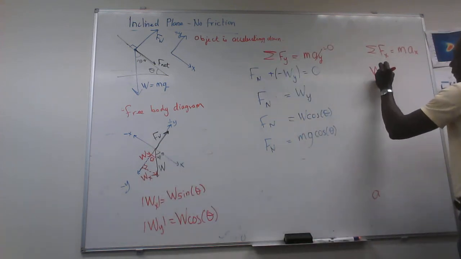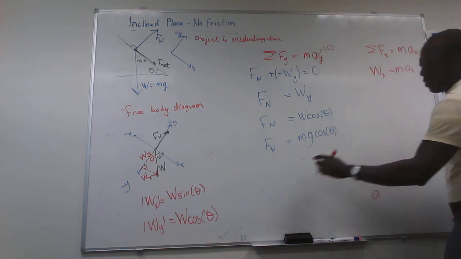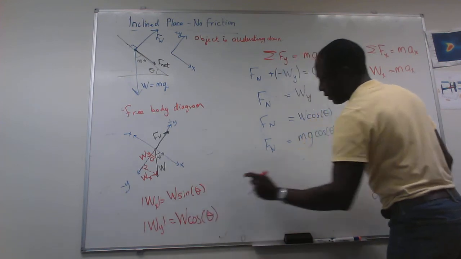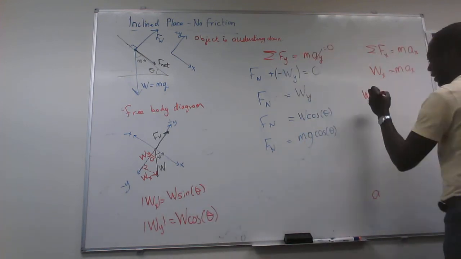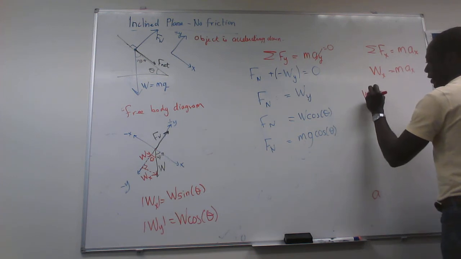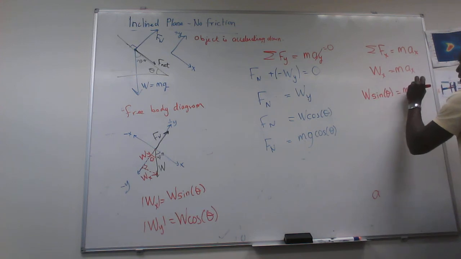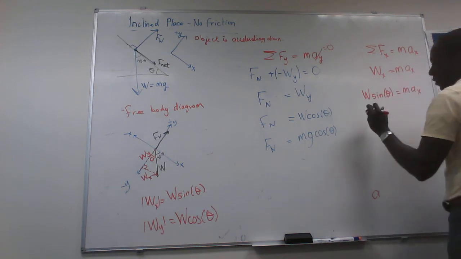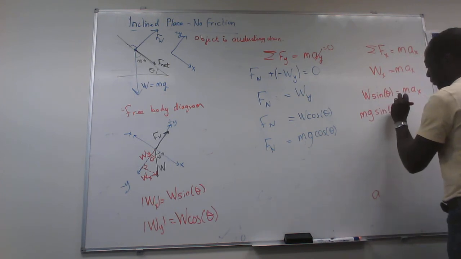So Wx is equal to max, and we found Wx to be the weight times the sine of theta, and it's positive because it's going down the positive x-axis. So W times the sine of theta is equal to max, and we know that W is mg, so mg sine of theta.